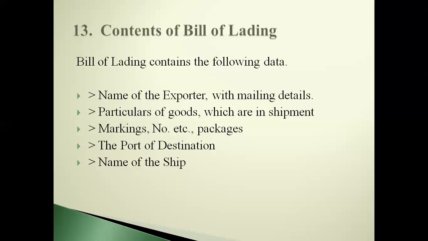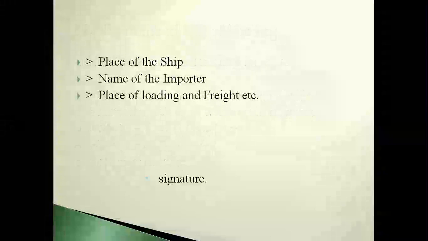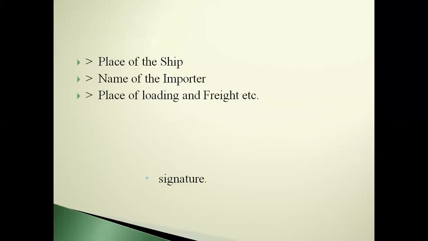Fourth one being the port of destination. Fifth one is the name of the ship or merchant vessel which is carrying the goods. And sixth one is the place of the ship where from it is being meant for shipment.